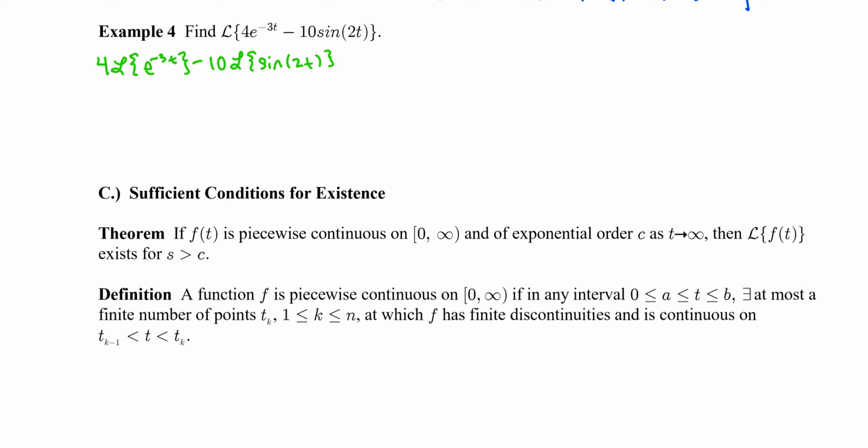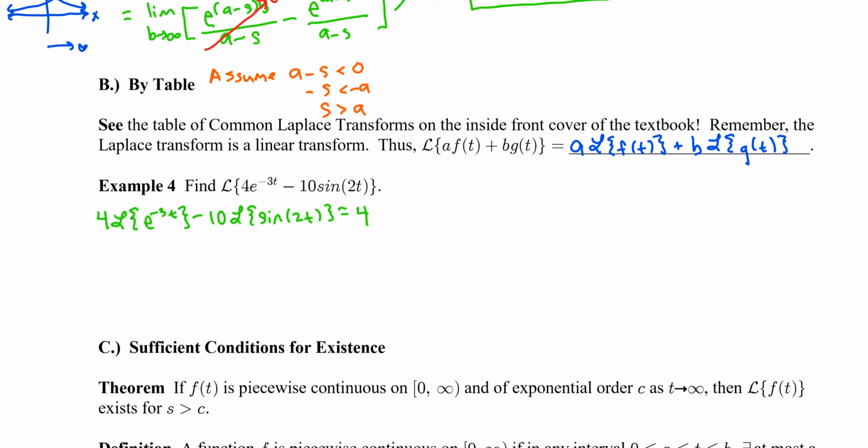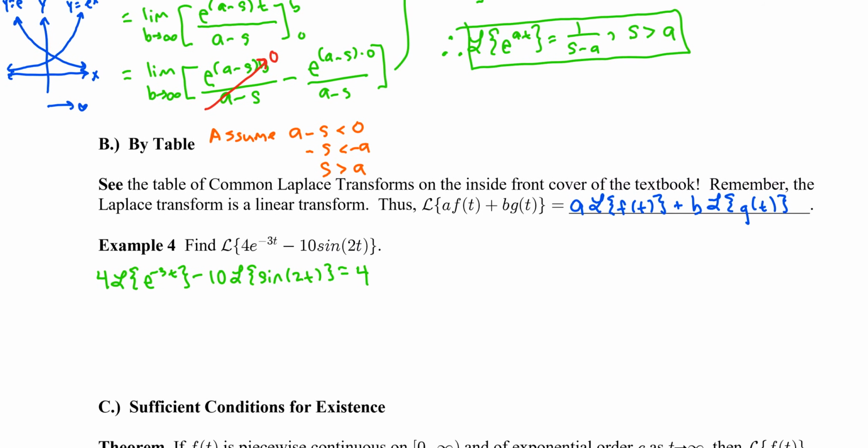And remember, we're not calculating the integrals, we're doing this by table. So we have 4 times the Laplace transform of e to the negative 3t. This is not only on our table of transforms, but we've got it right here. Notice the a here is positive, the a here is negative. So we have opposite signs for a.